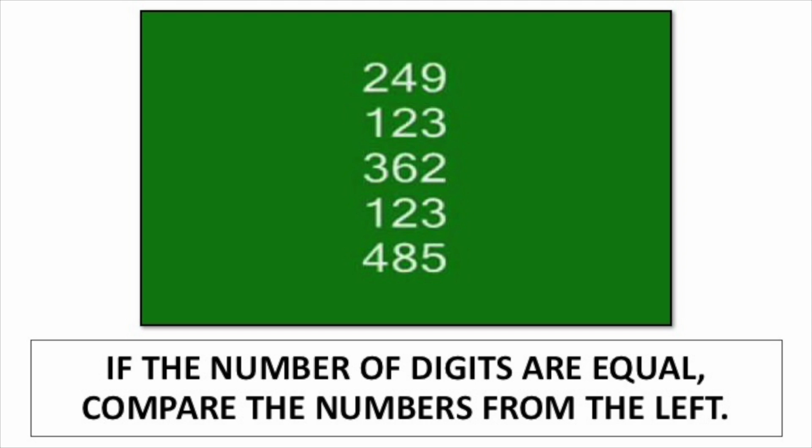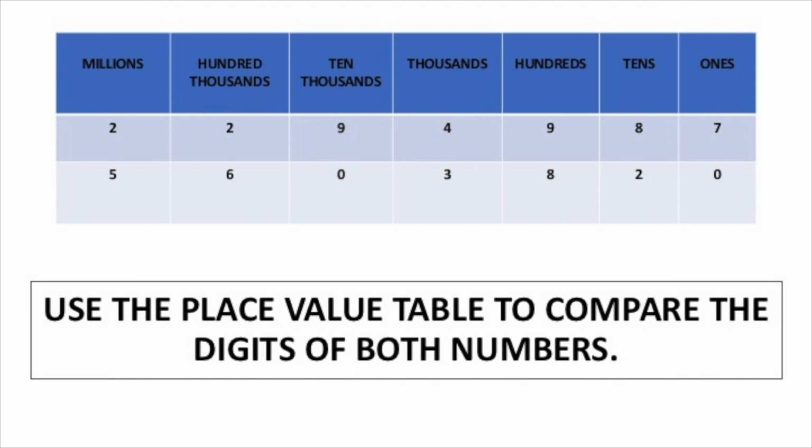If the number of digits are equal, compare the numbers from the left. Use the place value table to compare the digits of both numbers.